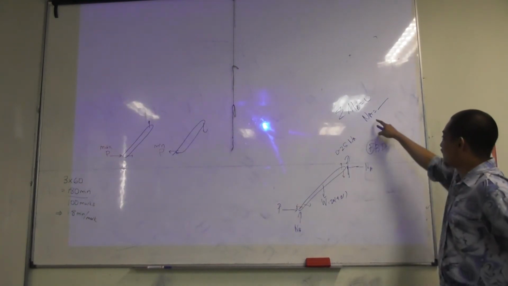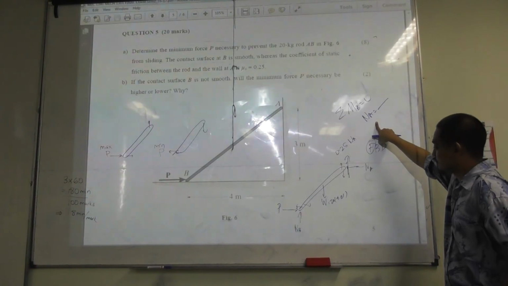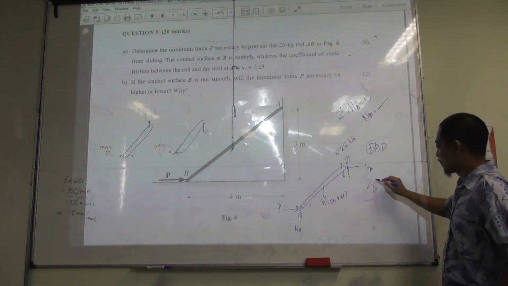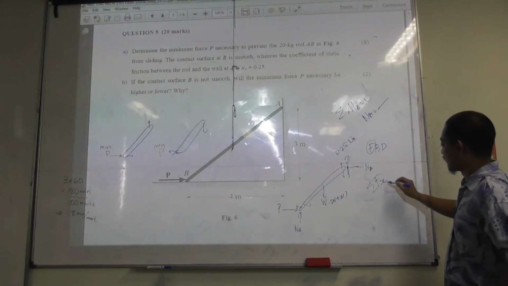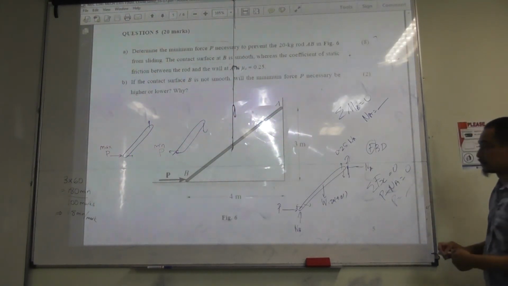If you solve NA, then what can you do? Summation of Fx. Because the NA is already settled, P minus NA equals 0, so you get P. That's right.